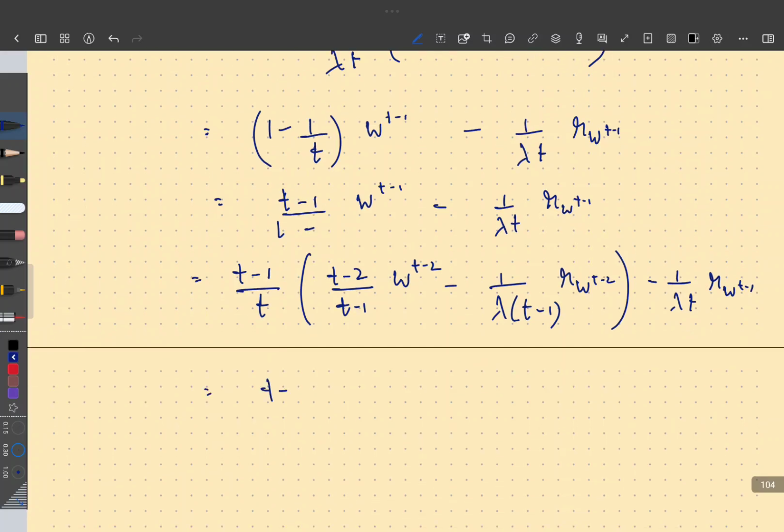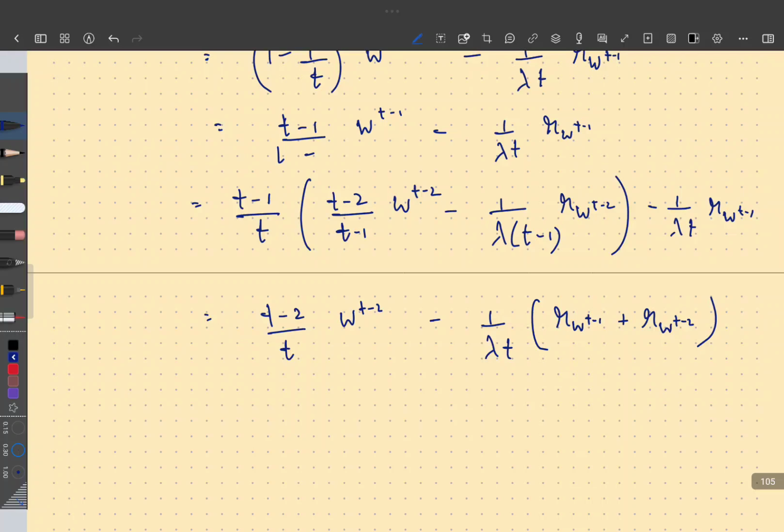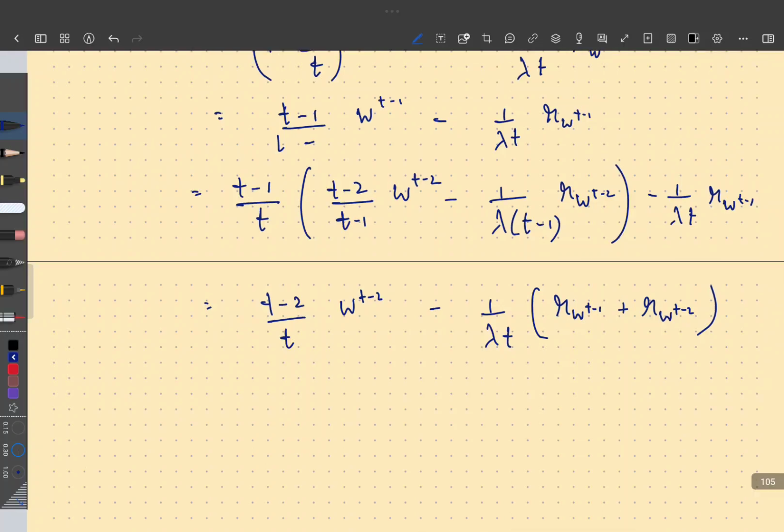This is equal to (t-2)/t w_{t-2}, because the t-1 and t-1 cancel, minus 1 over lambda t times r(w_{t-1}) plus r(w_{t-2}). Right. Now I can continue this as a recurrence relation.